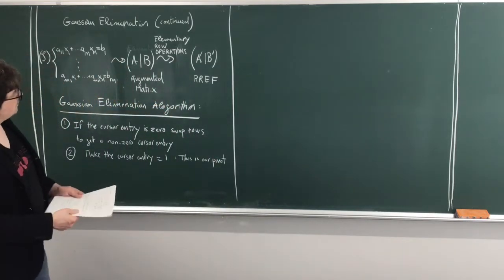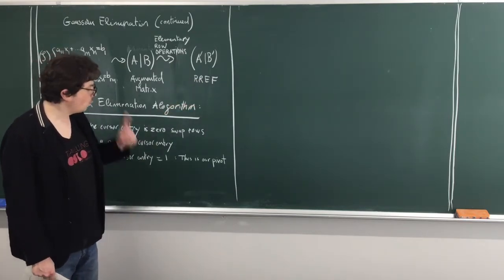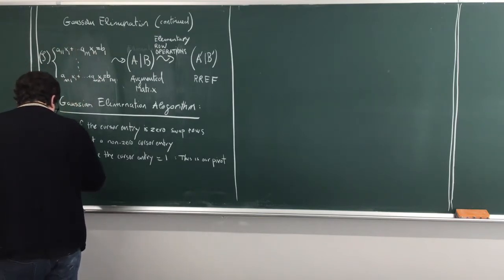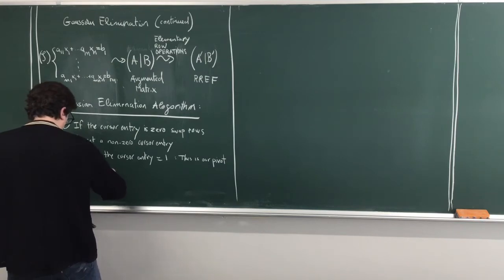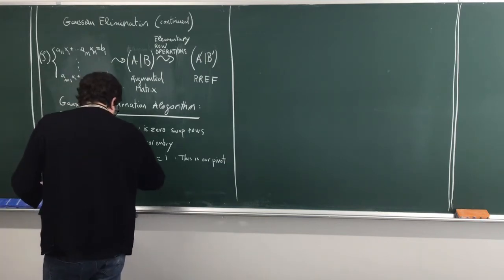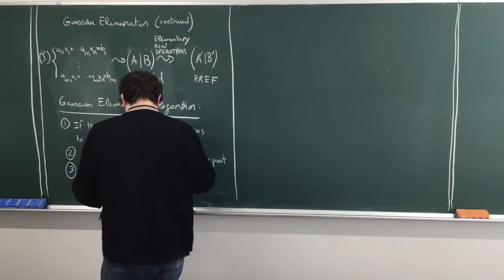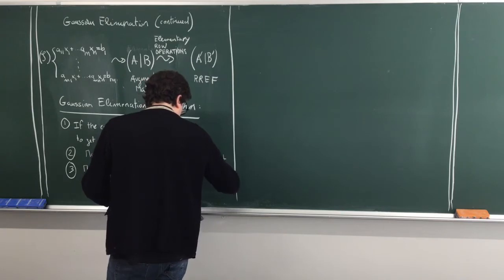Remember that in the RREF form, the first non-zero entry of each row must be a 1, and this is called a pivot. Now, step 3, we make all the other entries in the same column equal to 0.